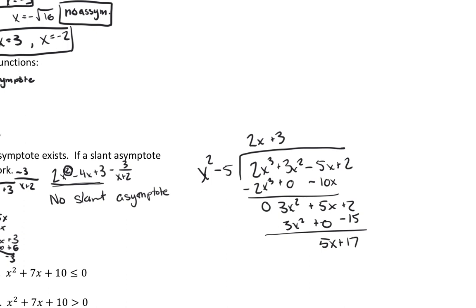So for this one, our equation is 2x plus 3 plus (5x plus 17) over (x squared minus 5), and that means that this is our asymptote. So our asymptote is y equals 2x plus 3.